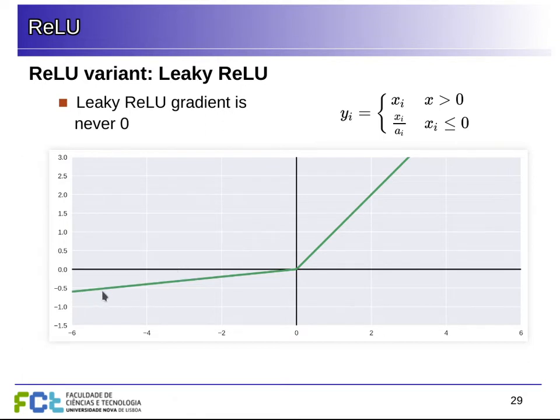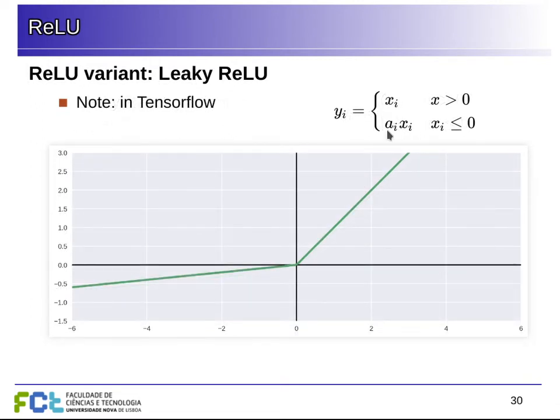But since we don't have a 0 gradient on this side, we can actually recover if the neuron falls on that side, and if it's necessary, and so it will learn the right parameters regardless of where it lies here. So this is the way it's sometimes shown in the literature, where we have this alpha parameter here that provides this inclination. In TensorFlow, it's actually a multiplication, and the default is 0.2, but you can change it if you use leaky rectified linear unit.